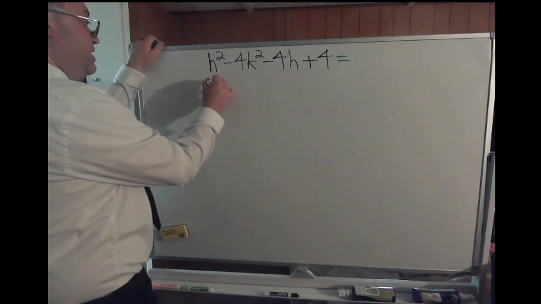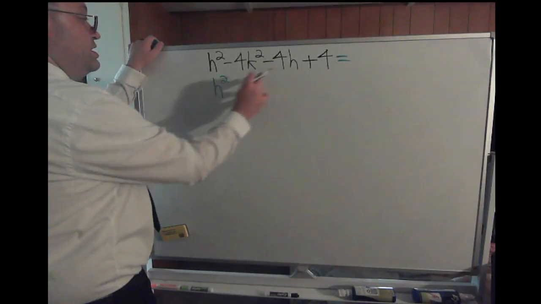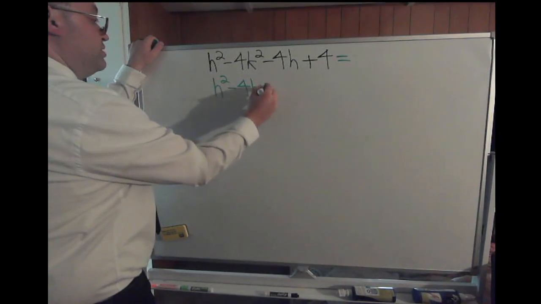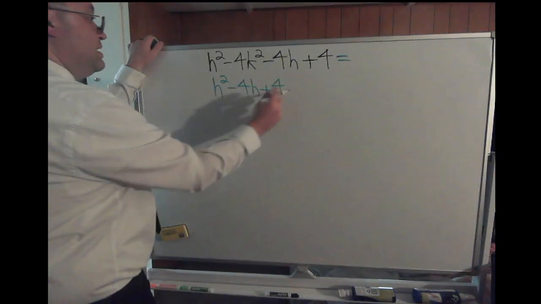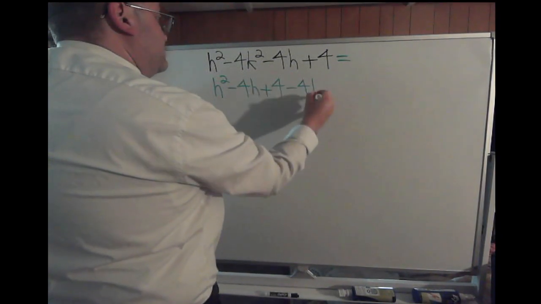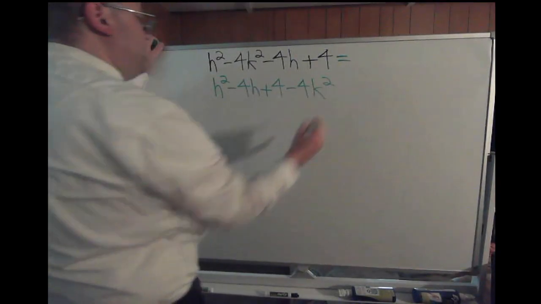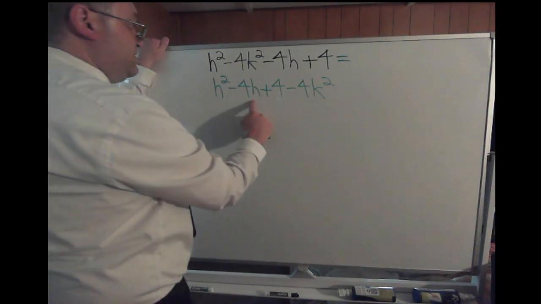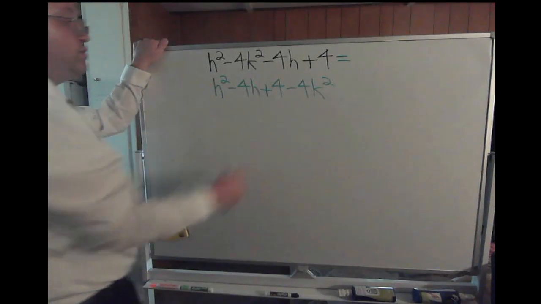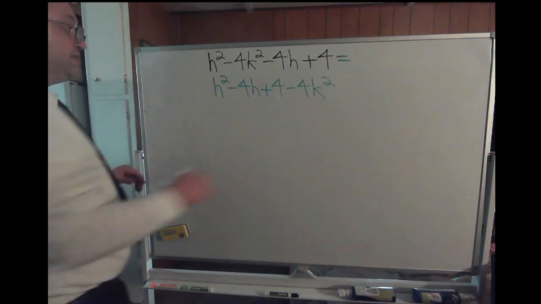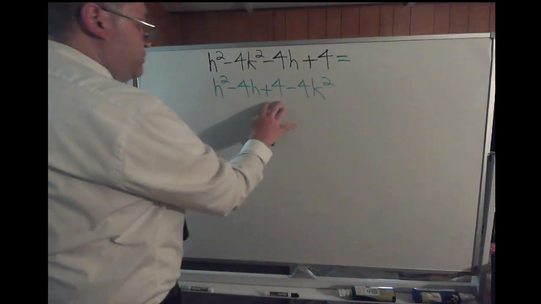I would take your h squared minus your 4h, move that over, plus your 4, and then move your minus 4k squared to the last term. So now you've got h squared minus 4h plus 4 minus 4k squared. Well, let's focus on h squared minus 4h plus 4.